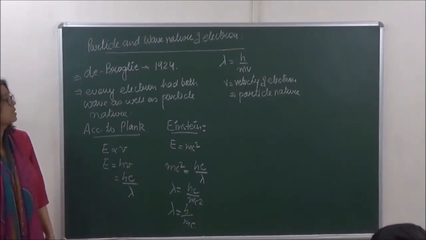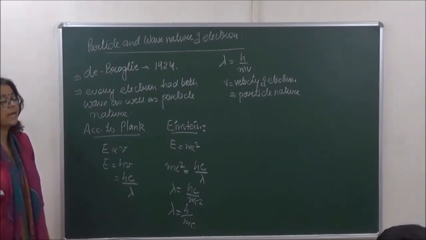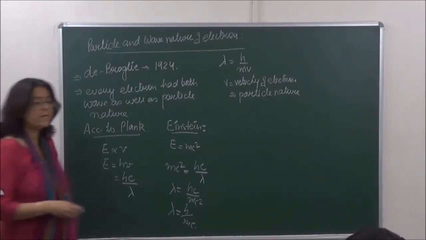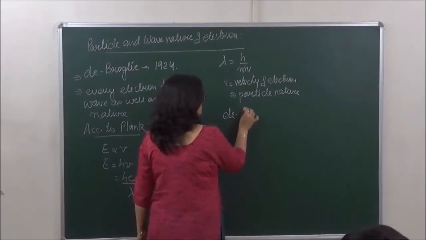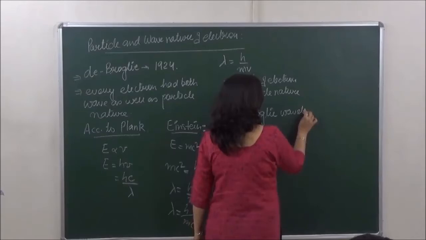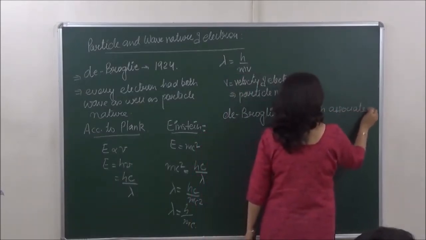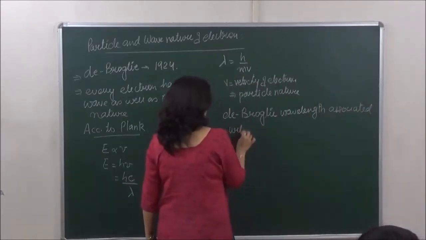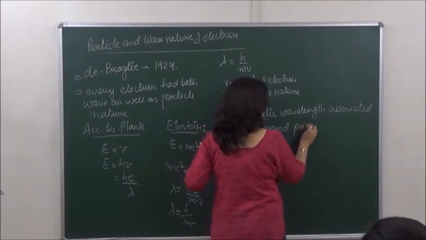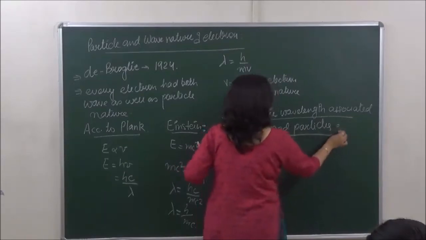Now there are certain shortcuts when you have to calculate lambda, de Broglie's wavelength, for charged and uncharged particles. Okay, so let's calculate the de Broglie wavelength associated with charged particles.